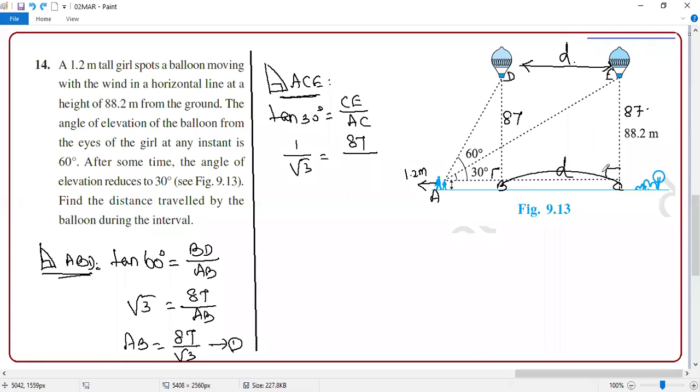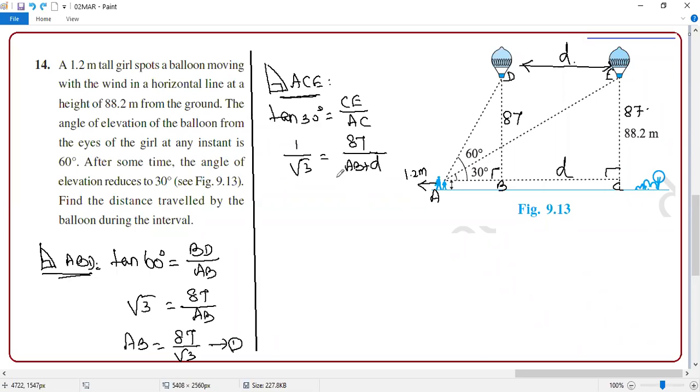AB plus BC. Now you want BC only, which is D. Correct or not? Anyone having doubt till now? No, sir. Okay. So now instead of BC, you can put D also, no problem, distance.